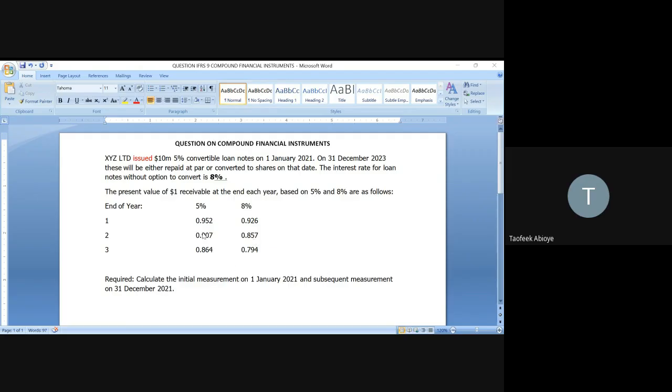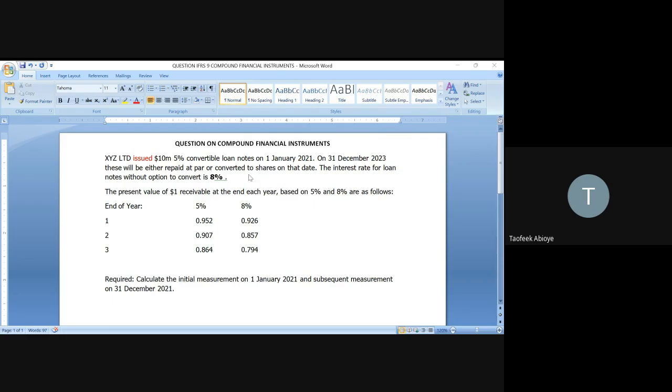I need to share my Excel so that we solve that question. Let me share my entire screen, because that Excel, we remember, has a problem, and I'm not ready for its problem today.